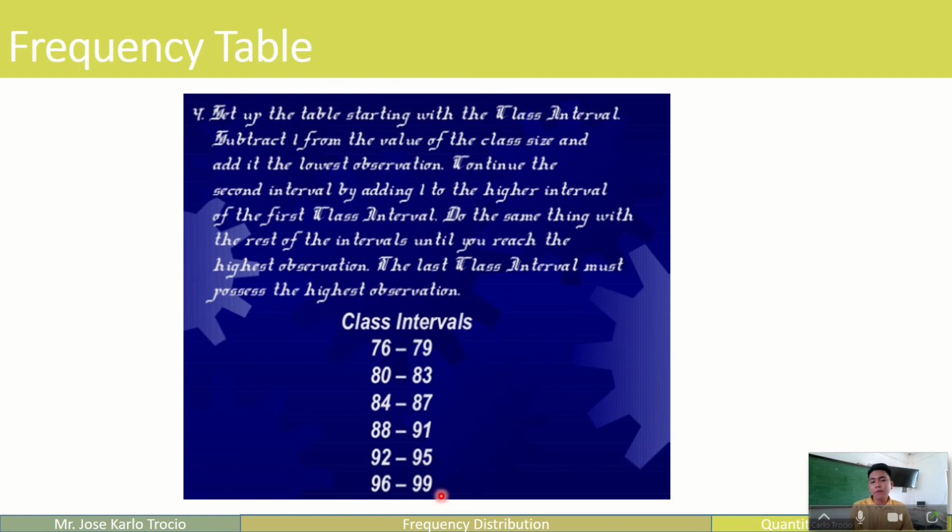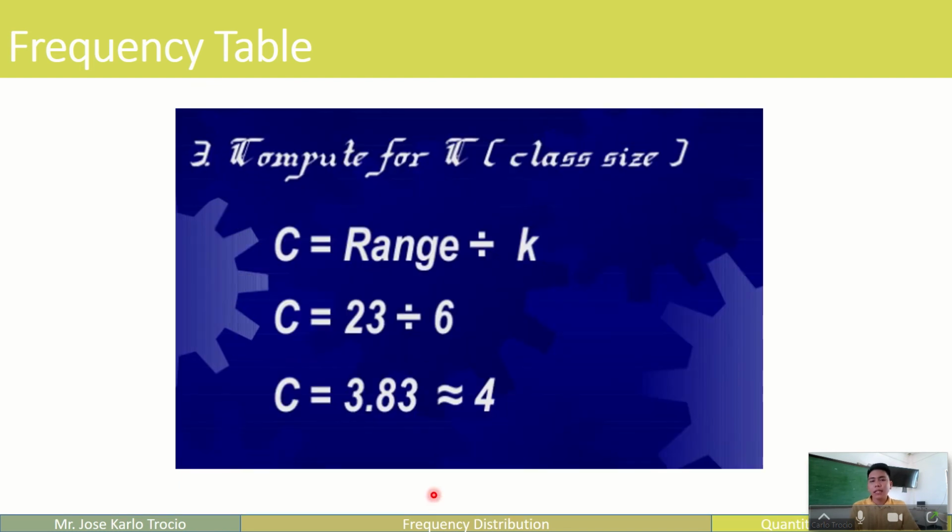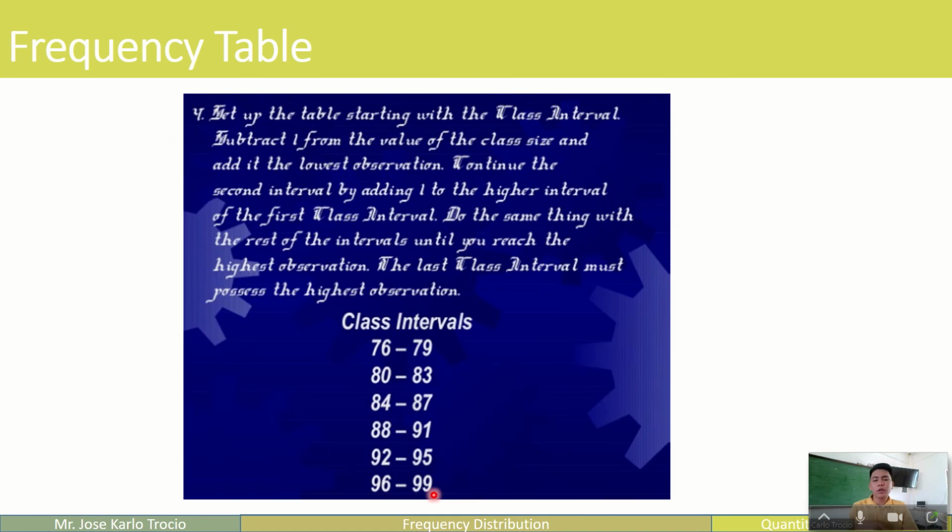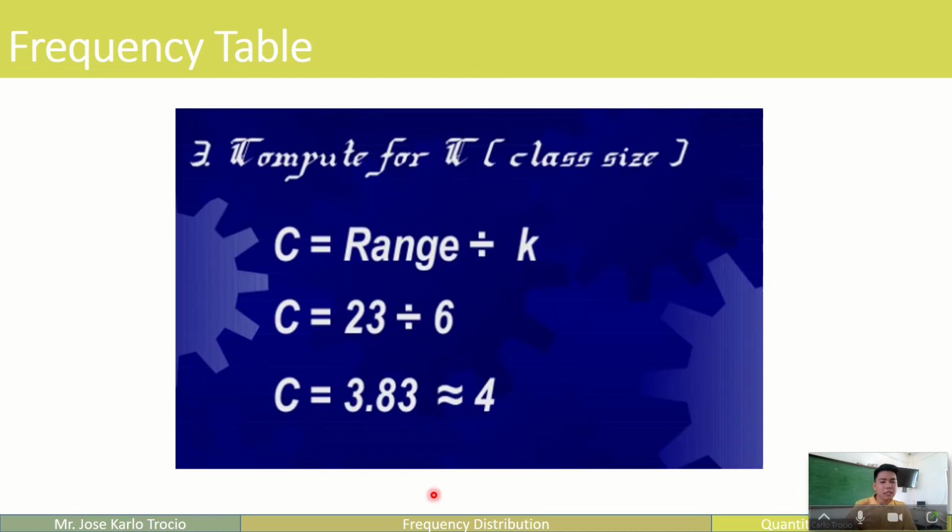First, we have 99 as our highest, and we know that the class size, or the interval per class, is 4. So we are just going to count here 99, 98, 97, and 96. That is now the class size that we have computed here.